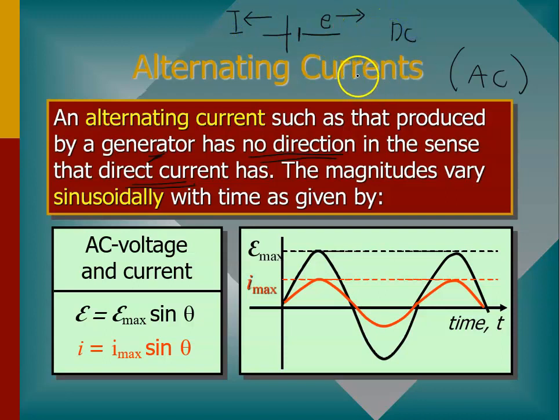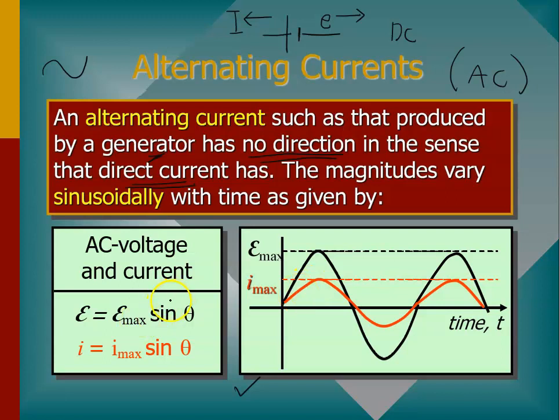But in AC, there is no particular direction for the current, because the symbol is like this. So it can be on the right side or on the left side, and the magnitude varies sinusoidally with time, as given in this graph over here.